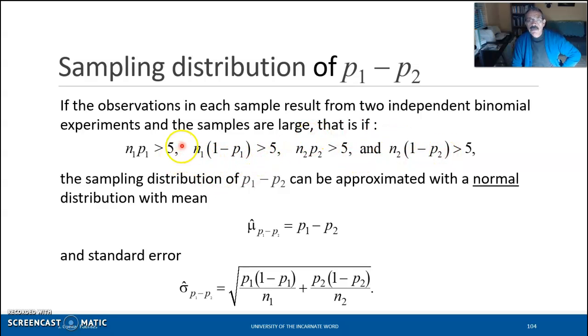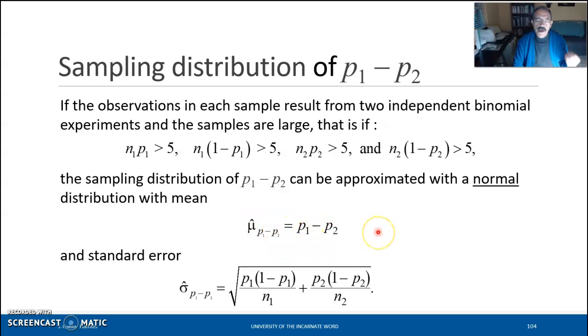So if these samples come from independent binomial experiments and the sample sizes are large, demonstrated by performing these calculations, then the sampling distribution of P1 minus P2 is approximated with a normal distribution with an estimated mean of the difference of the 2 proportions. And why estimated mean?